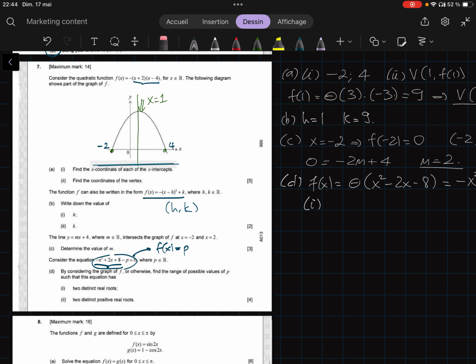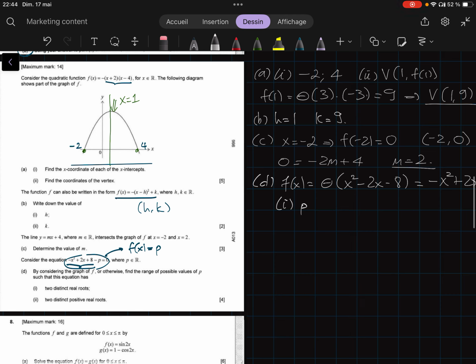So, the equation has two distinct real roots. Below here is going to be 2 roots, all the way up to the vertex, right? So as long as p is less than the y-coordinate of the vertex, you're good to go.